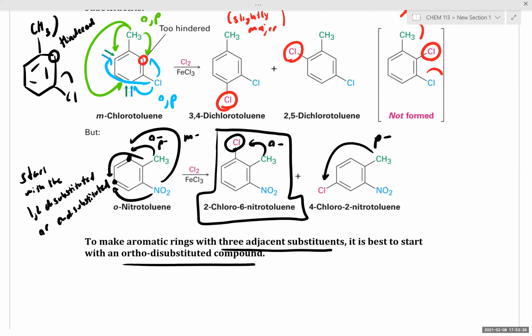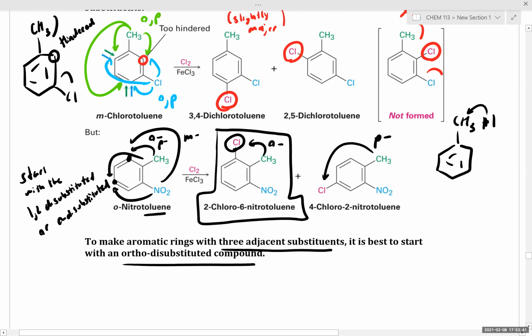However, because this is named as toluene, and toluene is our base ring, the methyl as part of this toluene base is inherently assigned carbon number 1. Does that make sense? Yes, thank you so much. Okay, perfect. Any other questions I can address?